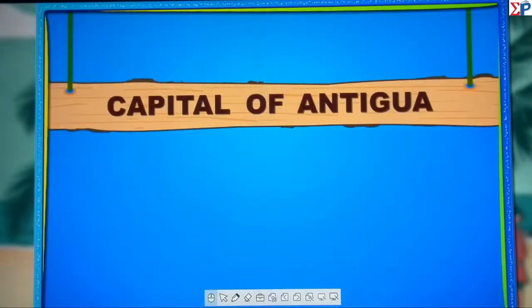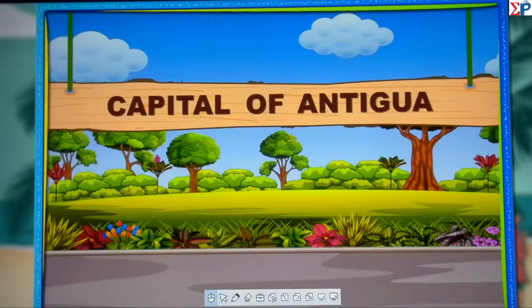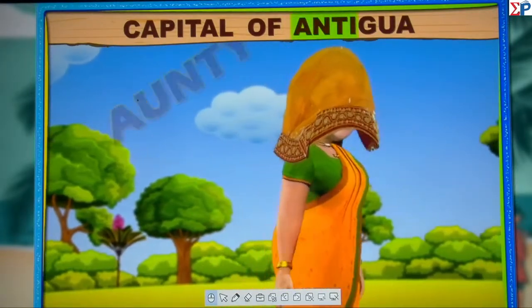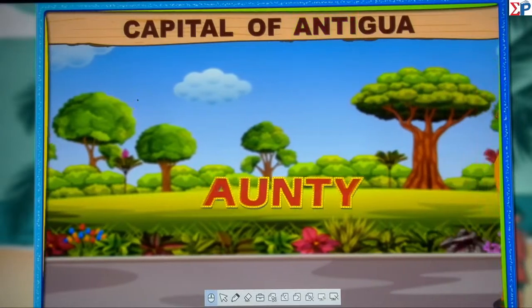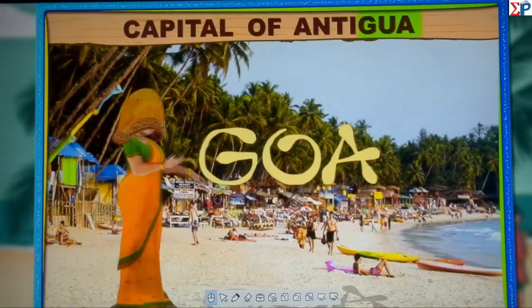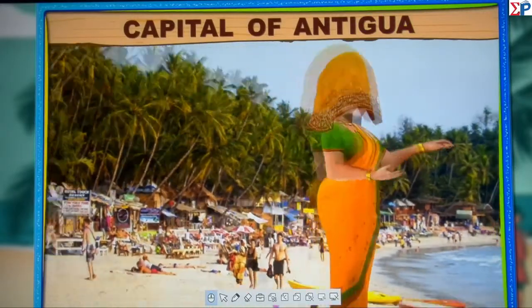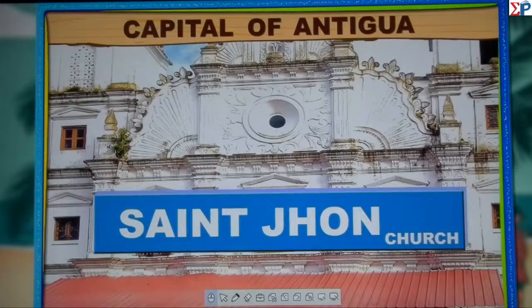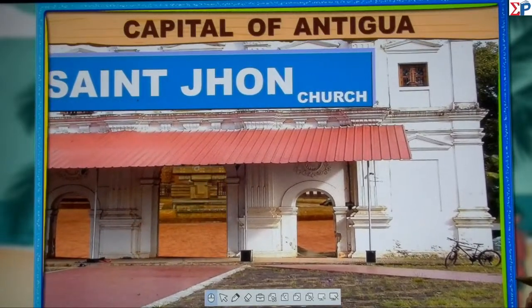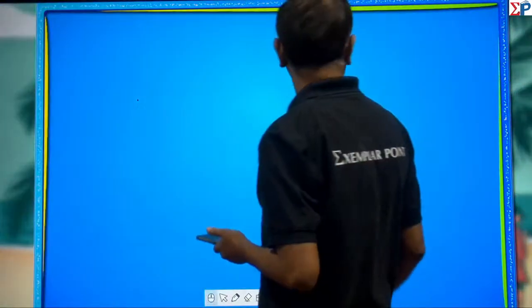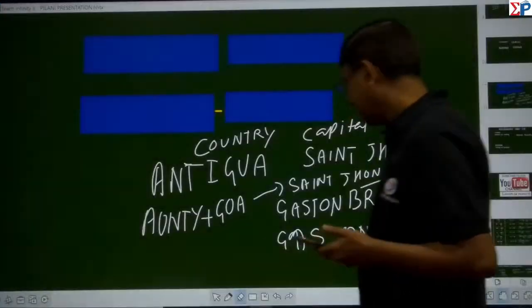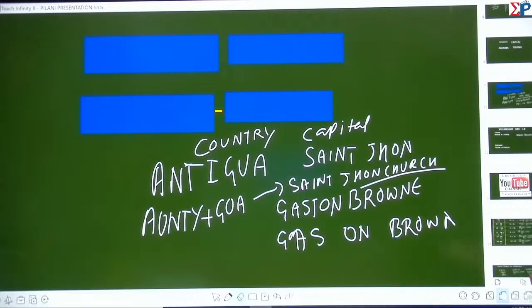Capital of Antigua. Antigua. So that is the capital of Antigua for you guys, and this is for lifelong memory.